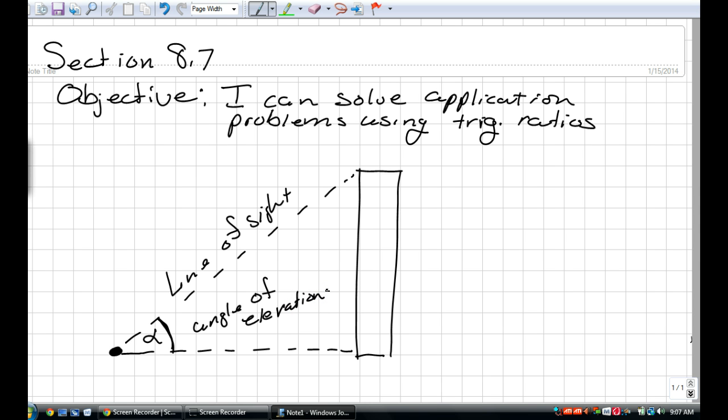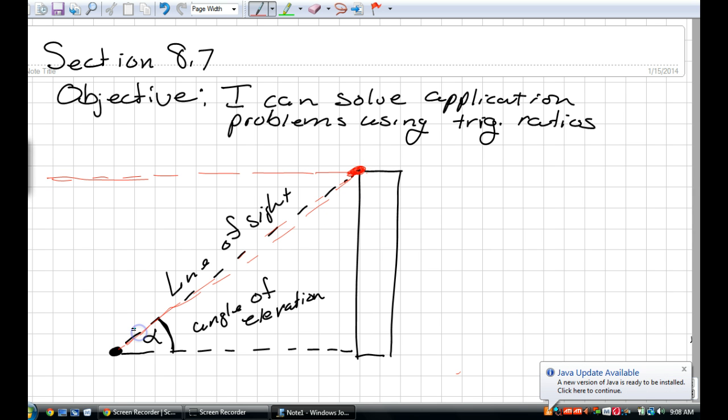Okay, now a person at the top of the building, looking down, forms an angle with the horizontal. Here's the horizontal to that top of the building. And this is again the line of sight.